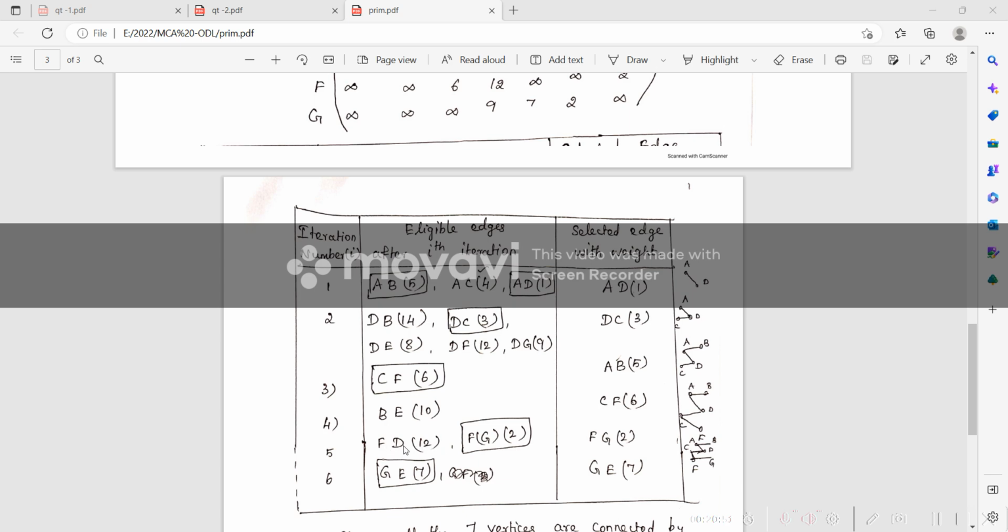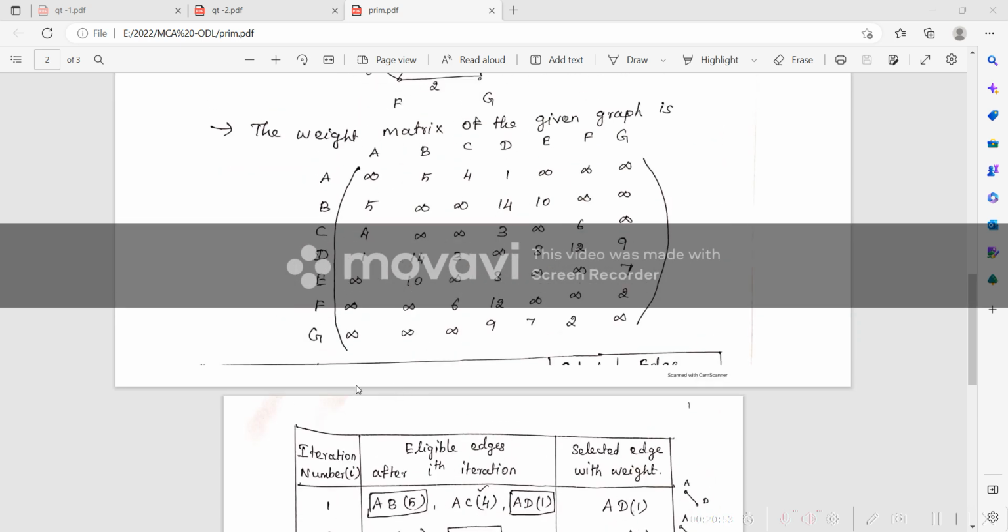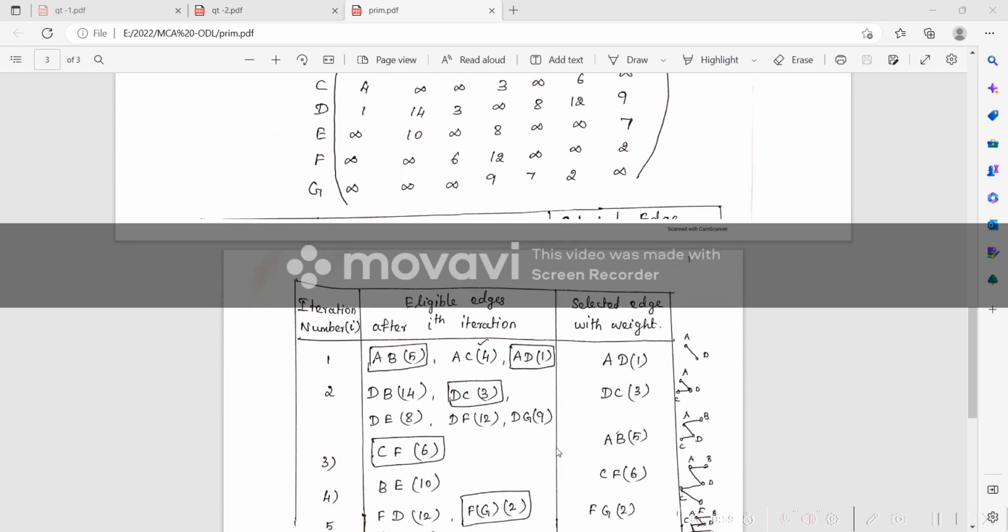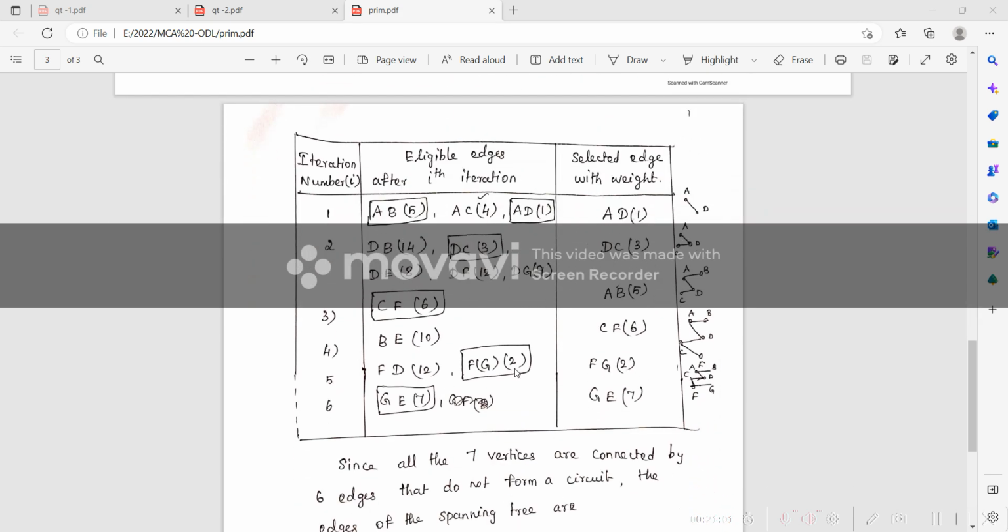No need to write FD here. So the only thing is we can have F and G, whose weight is 2. So F and G 2. So no need to take this FD because this one is here. Okay, so this is a wrong entry. So only FG is available here.